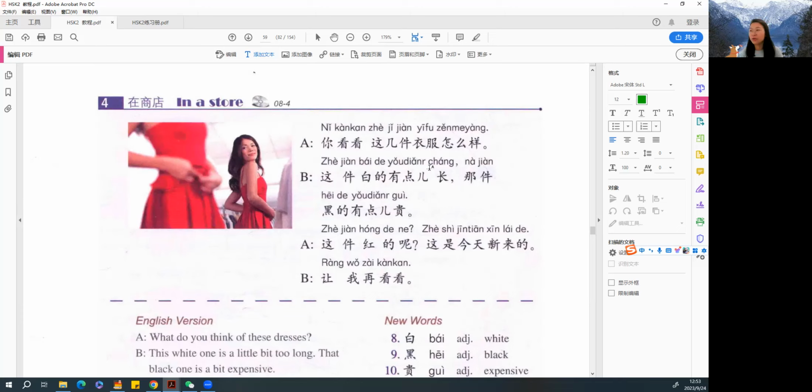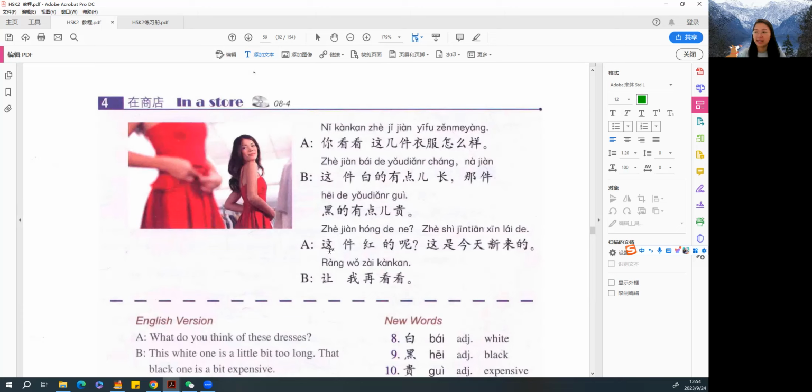But we all know that they are talking about 衣服, so 衣服 can be ignored from the adjective over here. So 这件白的有点长, a little bit too long, right? 那件 that clothes over there, 黑的衣服 the black one, 有点贵 it's a bit expensive.